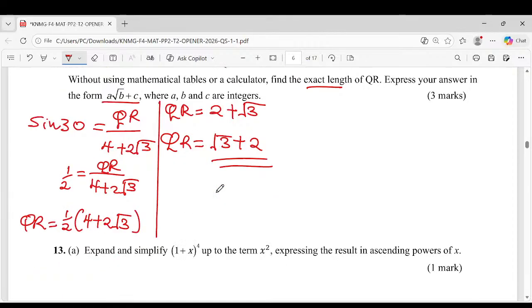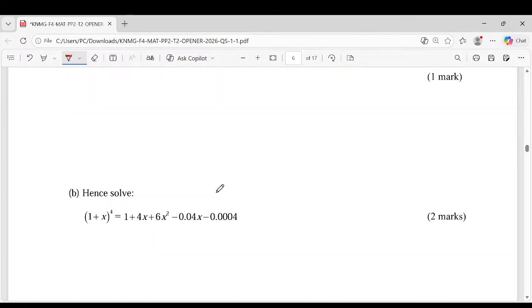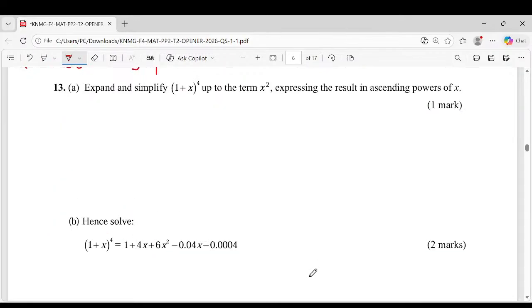Let us go to question number 13. A question on binomial expansion, where math is being broken down, ladies and gentlemen.